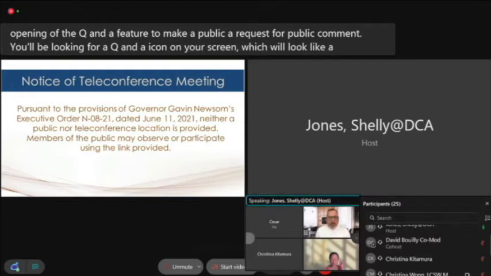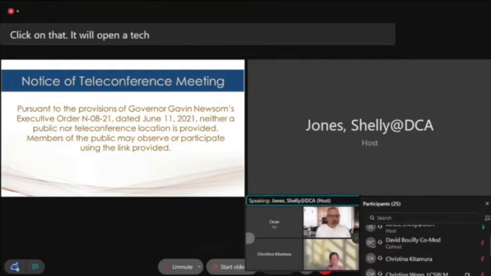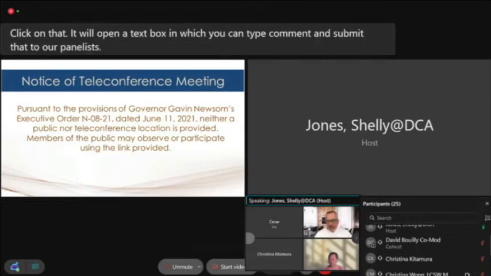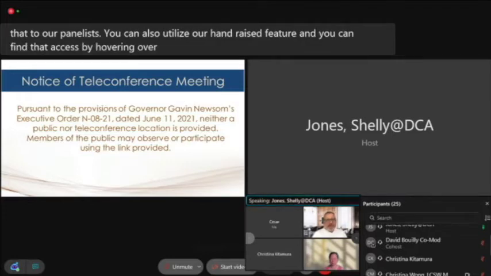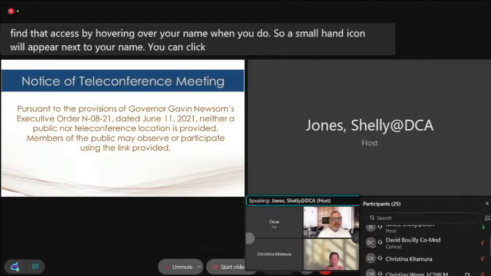Click on that. It will open a text box in which you can type a comment and submit that to our panelists. You can also utilize our hand raise feature, and you can find that by hovering over your name. When you do so, a small hand icon will appear next to your name. You can click on that icon to raise your hand and then click on it again to lower your hand.